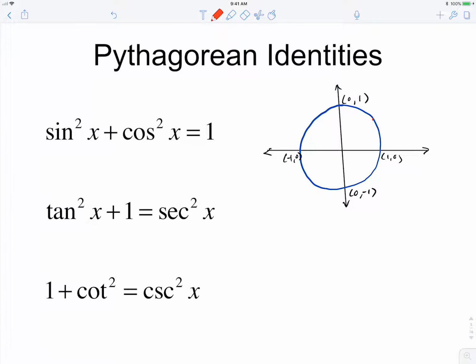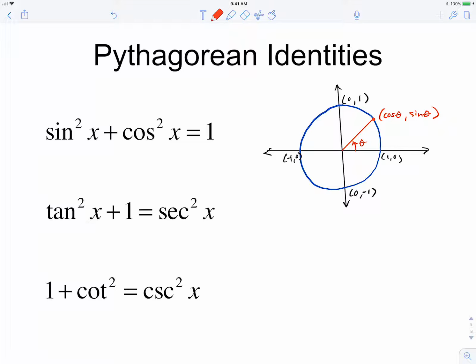So let's think about having an angle theta that's in standard position, and this point where theta's terminating side passes through the unit circle would be cosine theta, sine theta.